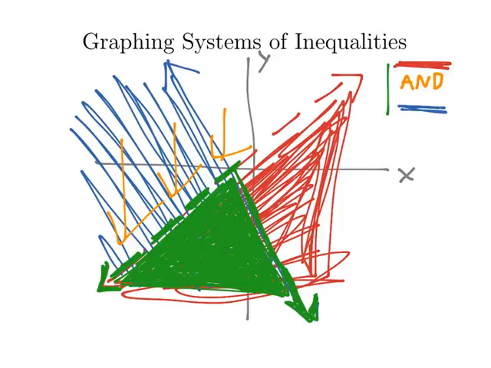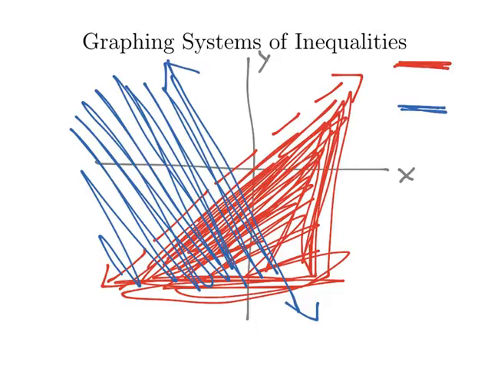The dashed line means red, it's like the limit of red. If it's the limit of red and the blue is there, it's also going to be the limit of green because it has to be both red and blue. So I'm just including everywhere I see red and blue in the same spot, I color that in. So there I have graphed a system of inequalities. And now let's look at a different one.